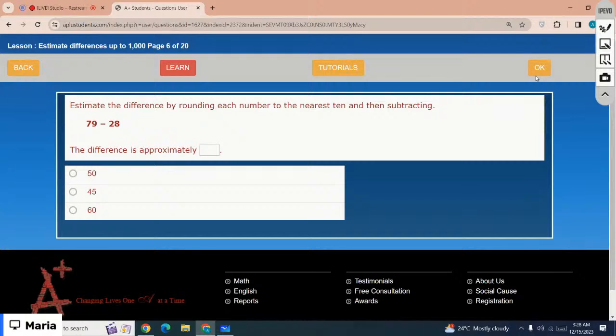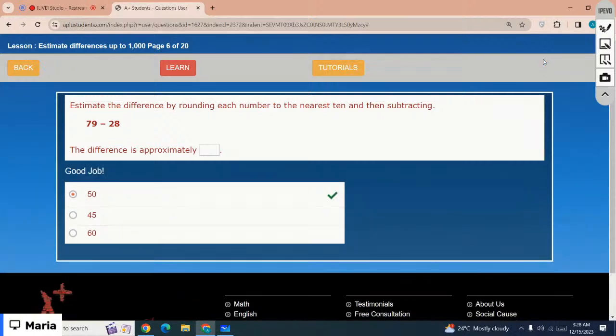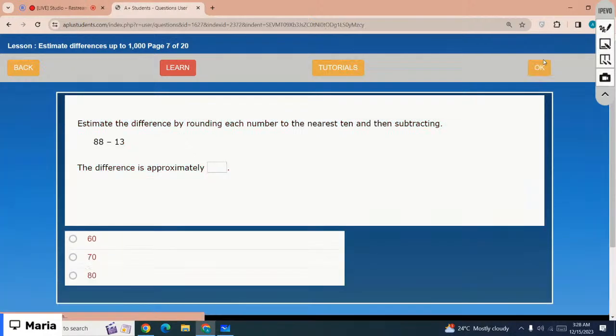Yes, that is 80 minus 30 and the correct option is 50. Okay, you can complete the lesson by yourself later today. Let me just move on to next lesson.